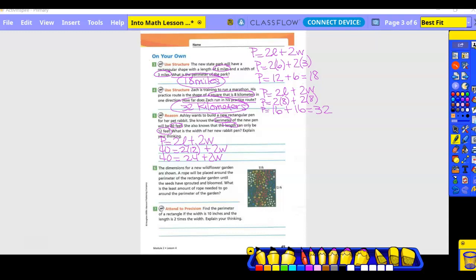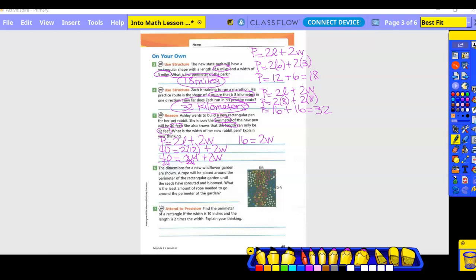How do I get the 2W by itself? I'm going to subtract the 24 here, and what I do on one side, I do on the other. So what is 40 minus 24? 16, which equals 2W.